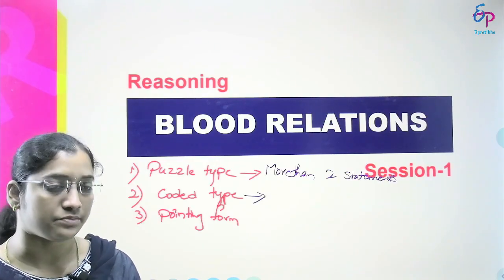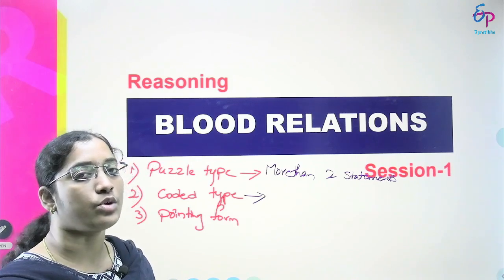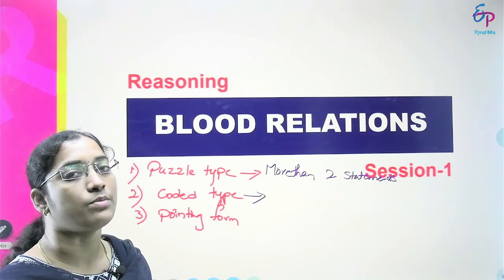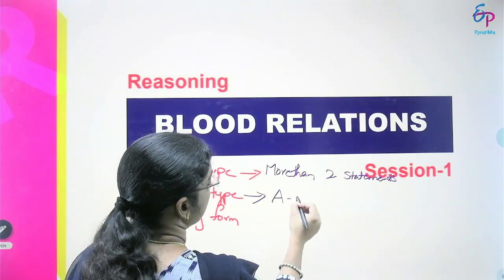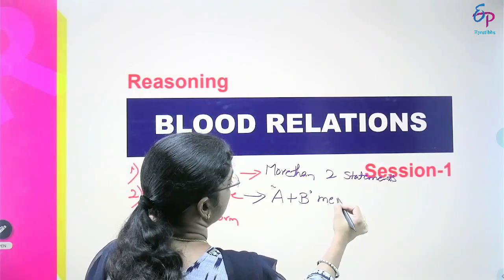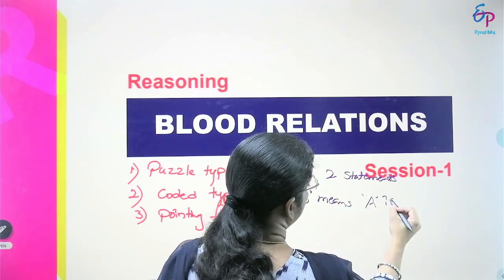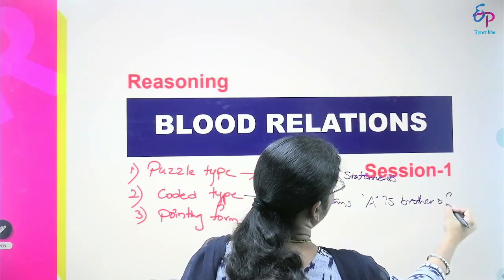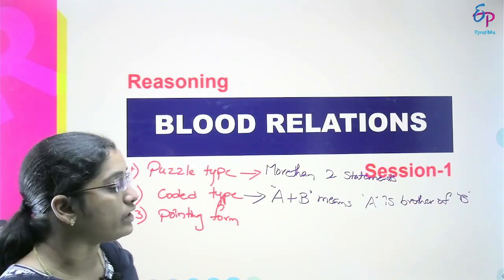Okay, so coded type question means, in case you have relationships in the form of codes, that is a coded type question, friends. Complete relationships are given in the form of codes. For example, if they mention information like this: A plus B means A is brother of B. So what is the relation between A and B?